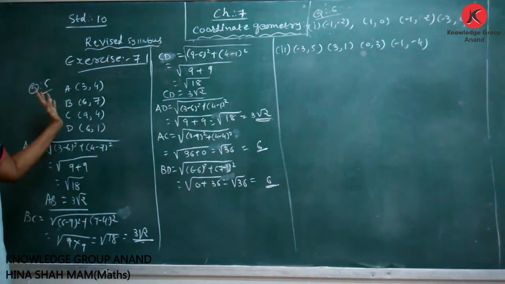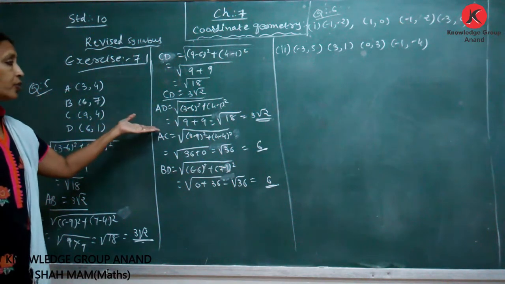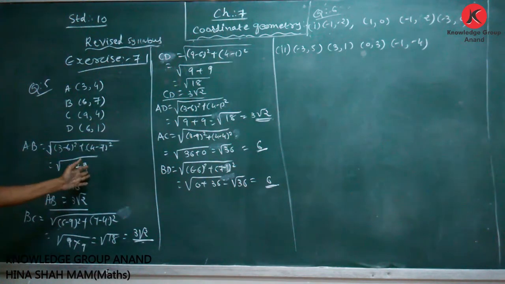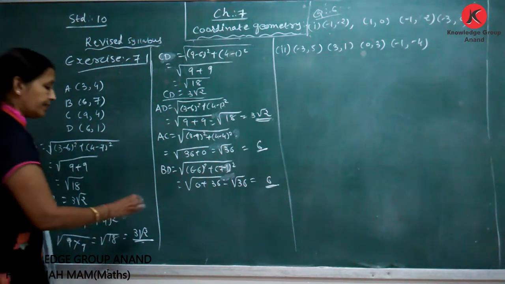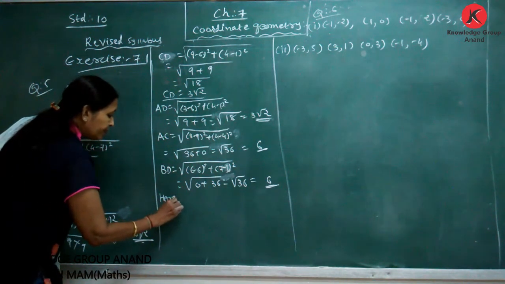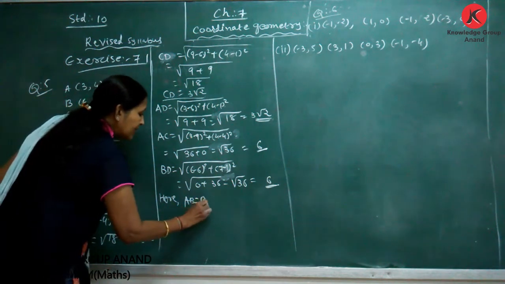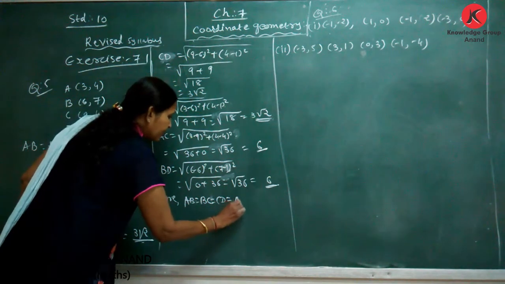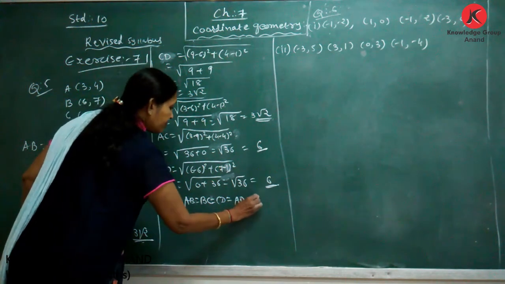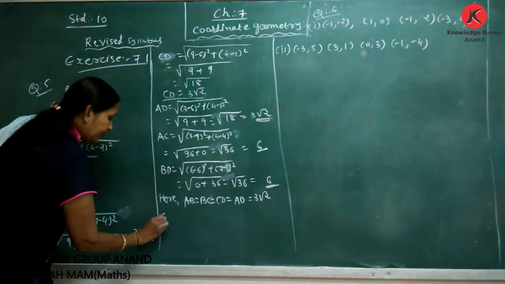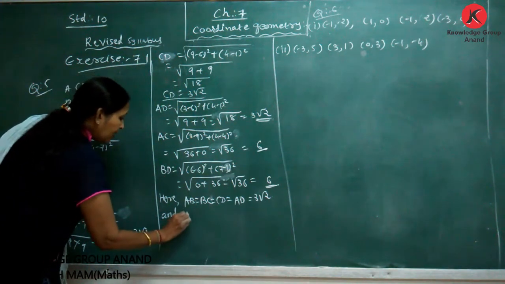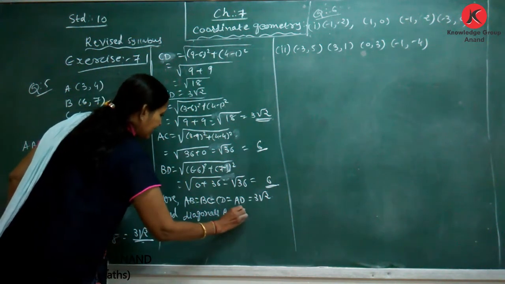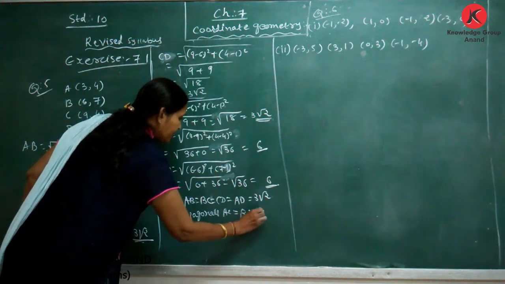When we do examples like this, 1 or 2 or 3, then it is the vertices of a square. AB is equal to BC is equal to CD is equal to AD, equal to 3 root 2, and the diagonals AC is equal to BD is equal to 6.